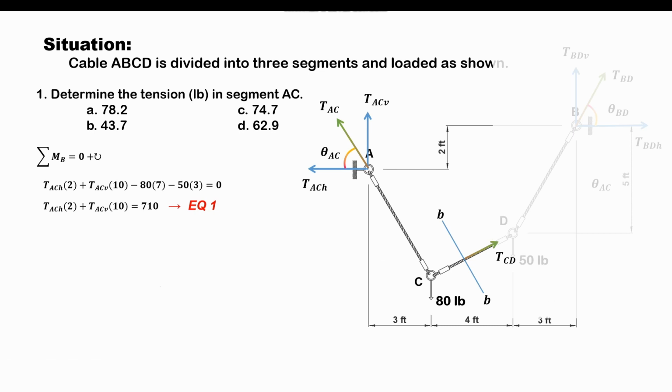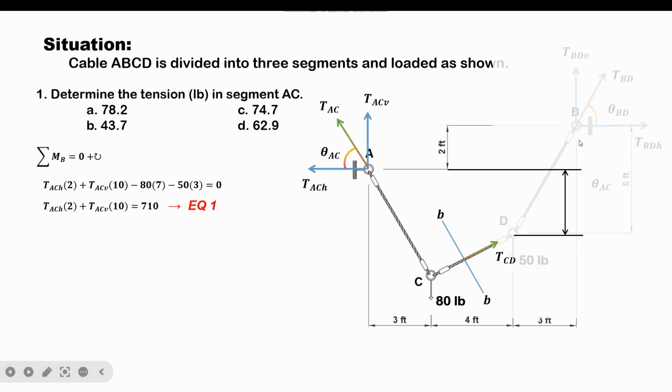Why? Let's again inspect the moment arms of the forces that are involved in taking moment. Let's first look at the moment arm of TACH. The moment arm of TACH about D would be this vertical dimension here, and this is computed from the given dimensions.